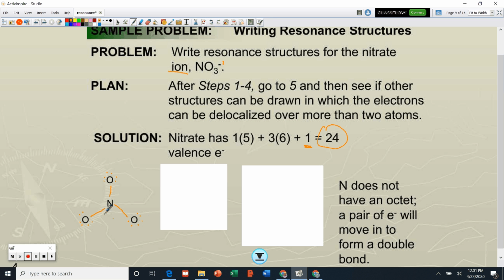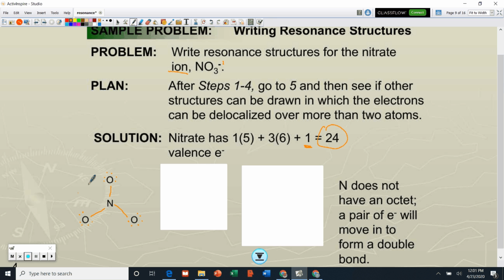All right, so now we've used 6, 8, 10, 12, 14, 16, 18, 20, 22, 24 electrons. All right, so that is one version of it, but what is the problem that we have right here?